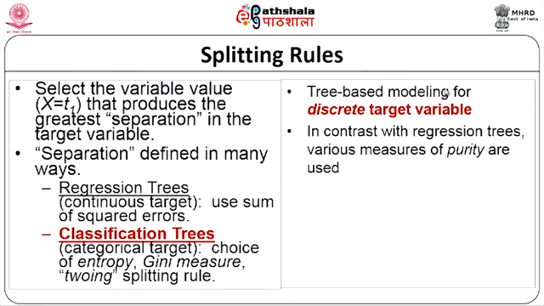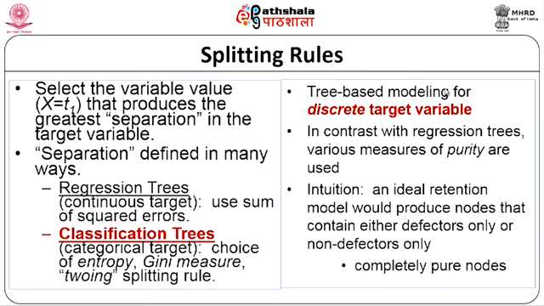In regression trees, mostly sum of squared errors is used. In classification trees, some use entropy, some use Gini measure, some use Twoing splitting rule. Intuitively, an ideal retention model will produce nodes that contain either only defectors or only non-defectors. So, we want completely pure nodes, that is our aim.